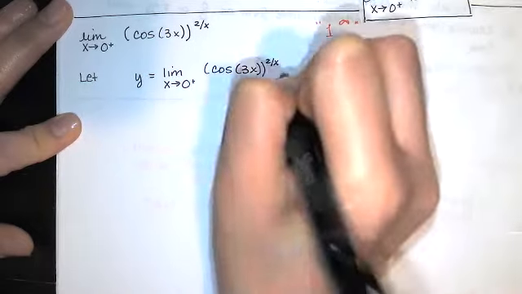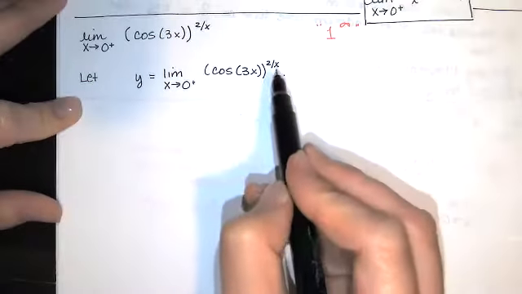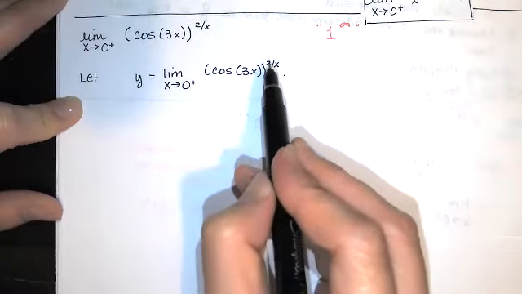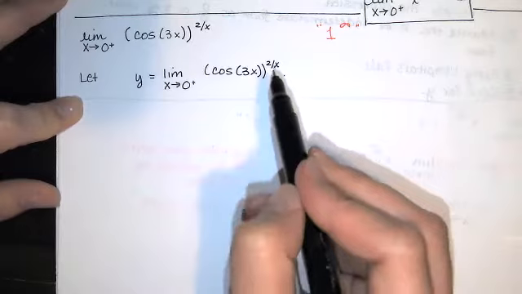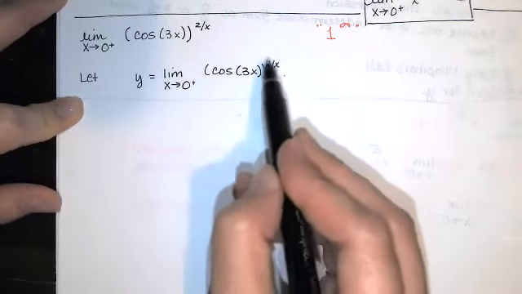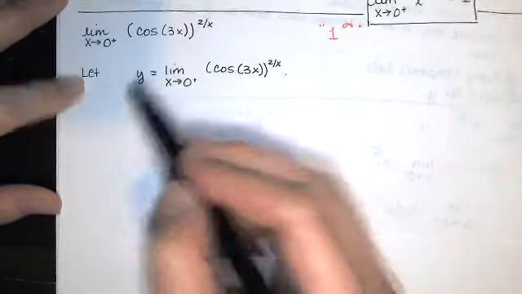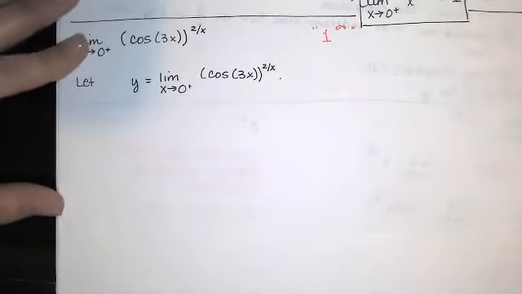So we want to let y equal the limit, and then we're trying to get that exponent out of the exponent and out here as a factor. In order to do that, in order to get this x out of the exponent, we take the log of both sides.